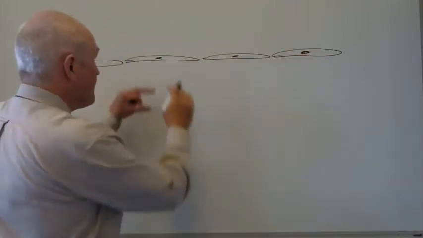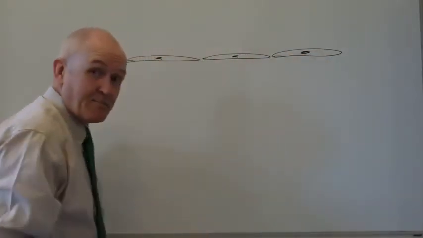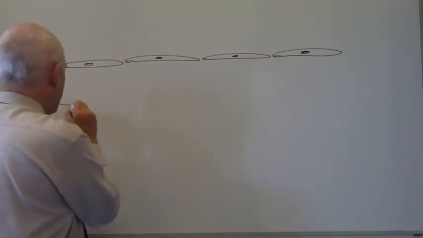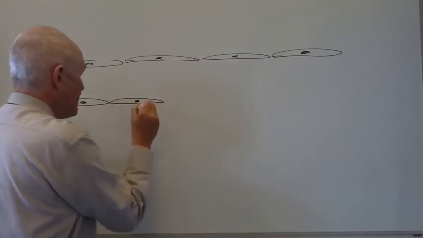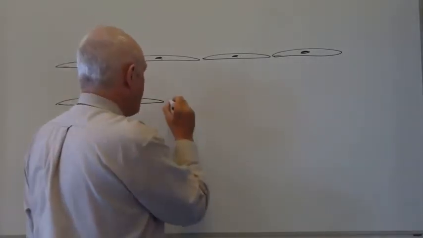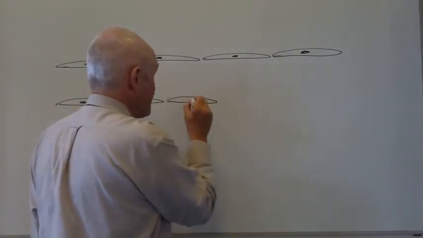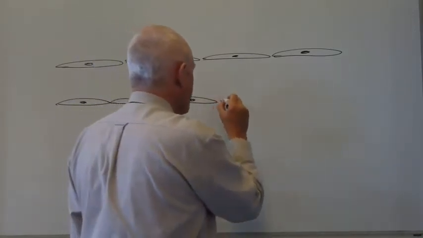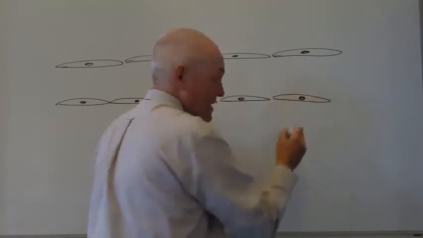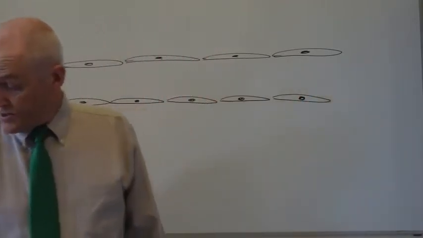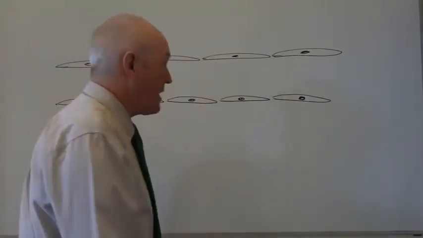The cells are flattened squamous shaped cells, and the capillary, of course, is a tube. It's a very narrow tube, maybe only 7-8 micrometers in diameter. And we know that in some of the small capillaries, the red blood cells only go through one at a time.